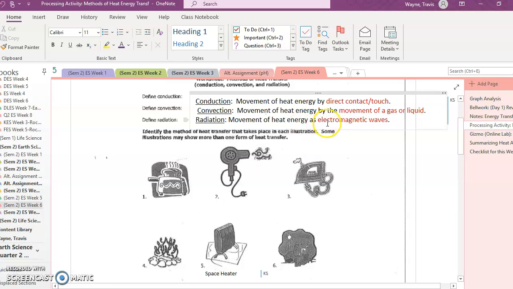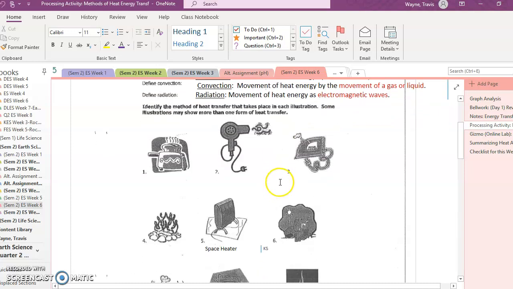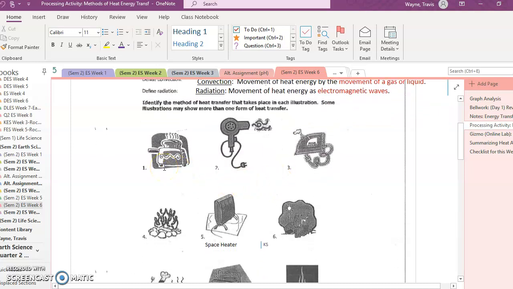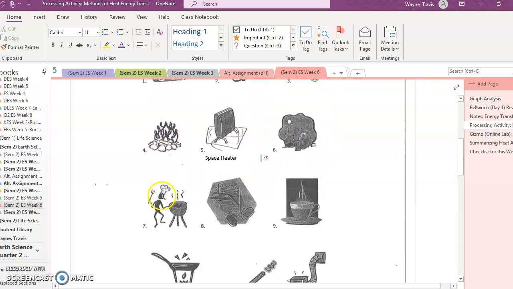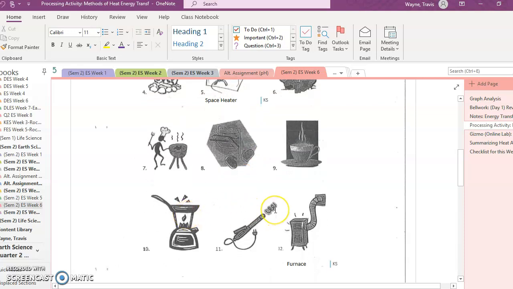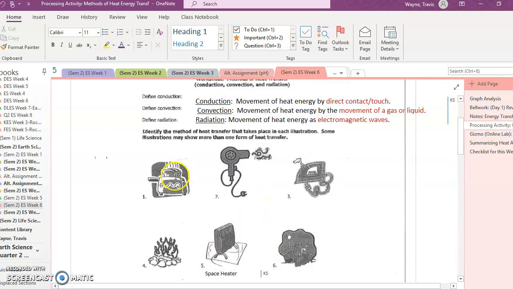And radiation is heat transfer through electromagnetic waves, such as what we feel from our sun. On this diagram, you have different forms of heat transfer that you might observe in these pictures, and you'll be writing down the type of heat transfer that can occur.